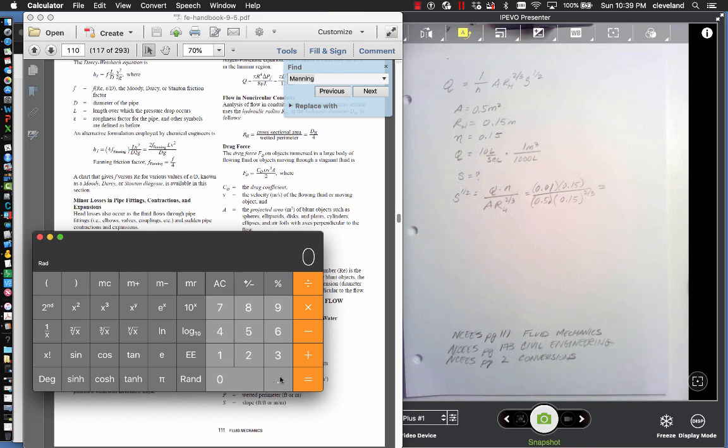Clear. 0.15 to the 2/3 is 0.6667, equals that, times 0.5 equals that. We will invert it and multiply it, so it's in memory, to get a slope of 0.0.